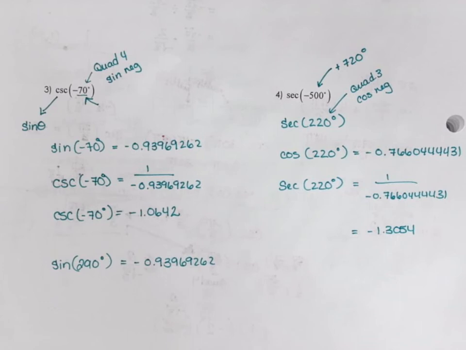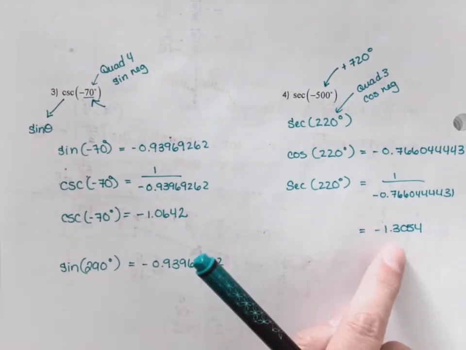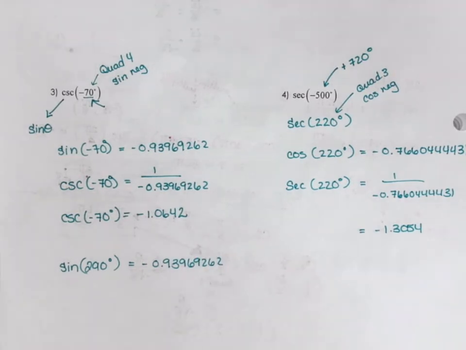So 220 is in quadrant 3, I know that cosine will be negative. Did you guys do that or did you do it off the negative? You put it in your calculator as a negative, and that's perfectly fine. I showed you you're going to get the same answer no matter if you use the positive or the negative. I used the positive. Did you guys get this for an answer? Yeah? Okay, so you're pretty confident in this.